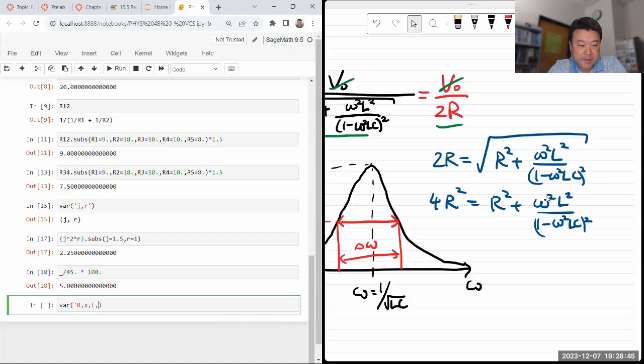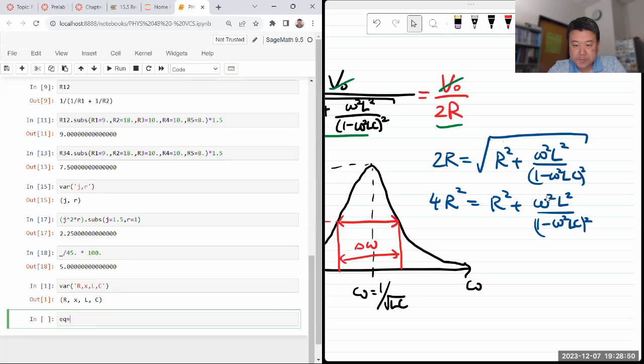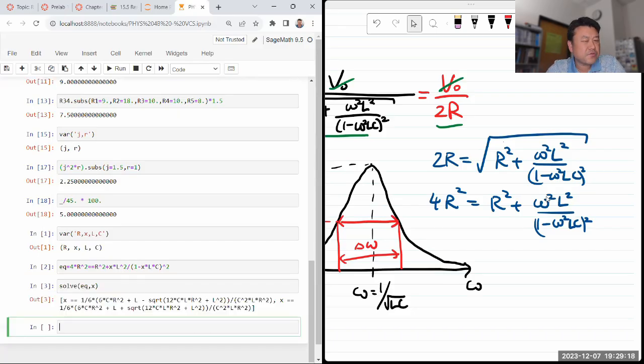And I need L and I need a C. Okay, those are my variables, and my equation will be 4 times R squared is equal to R squared plus omega squared, which is x, times L squared divided by 1 minus omega squared, which is x, times L times C squared. Okay, that's my equation. I can solve that equation for x, and it'll know to treat everything else as a known quantity. And I should get two solutions because it's quadratic.